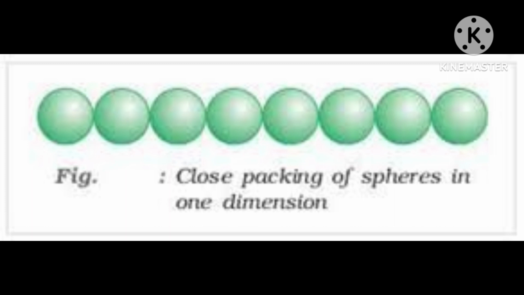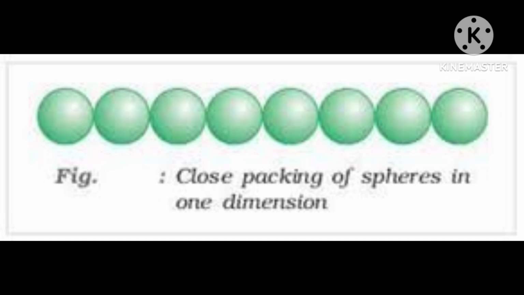There is only one way of arranging spheres in a one dimensional closed packed structure. Closed packed because all are touching, that is to arrange them in a row and touching each other. I will try to send some diagrams. Very simple, you just arrange all balls in one row, touching.